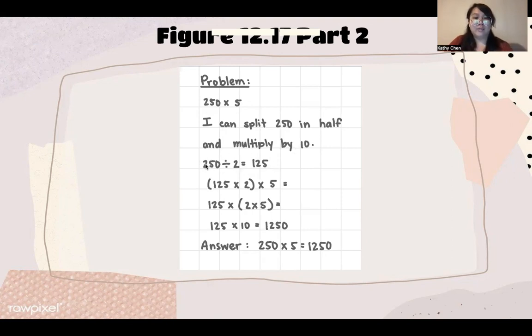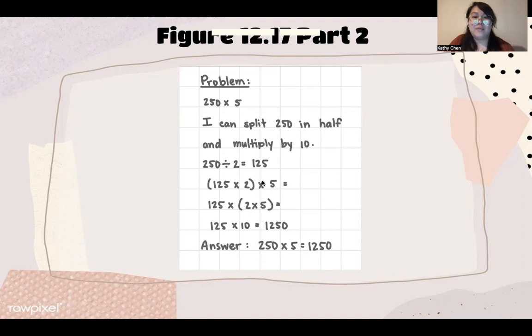I showed the student's work. 250 divided by 2 equals 125. We can also rewrite this as 125 times 2. We can do this because 125 times 2 equals 250. We haven't changed anything with the problem other than breaking the numbers apart.